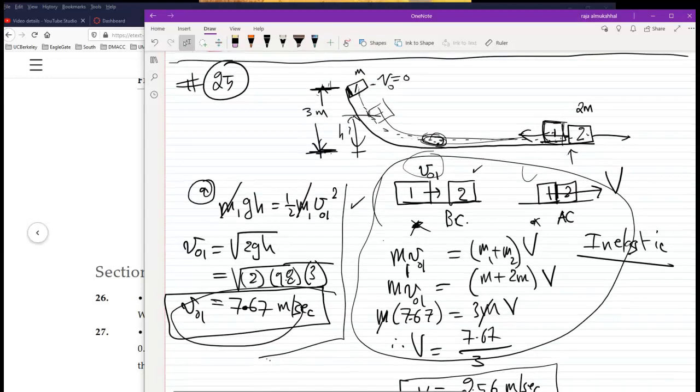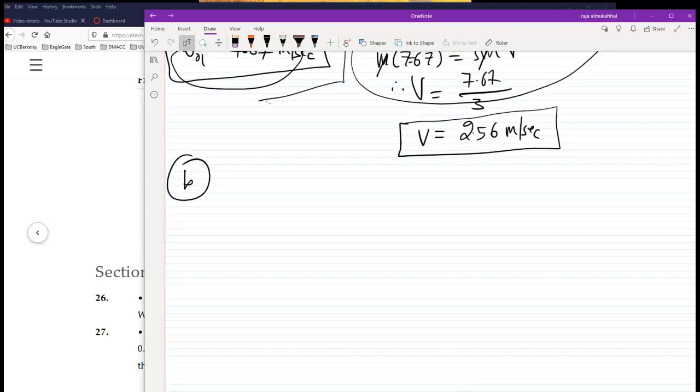So again, please draw that diagram. I'm not going to come back to it, and I'll show you with that diagram in mind. We want to see how it works. So basically, here is the BC and AC. So here is BC, which is very similar to the one we just did. So block 1, and of course this one is moving with V01, the one we have over there.